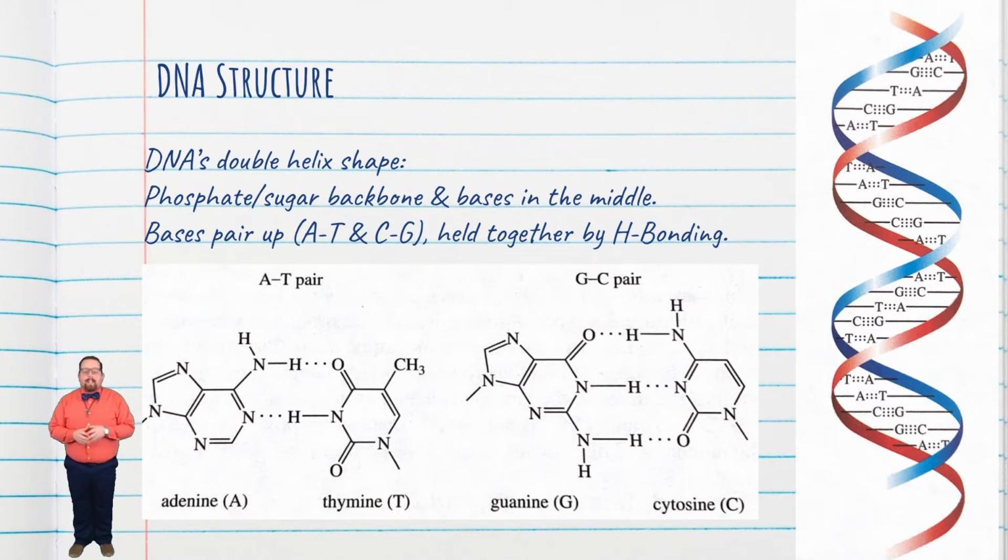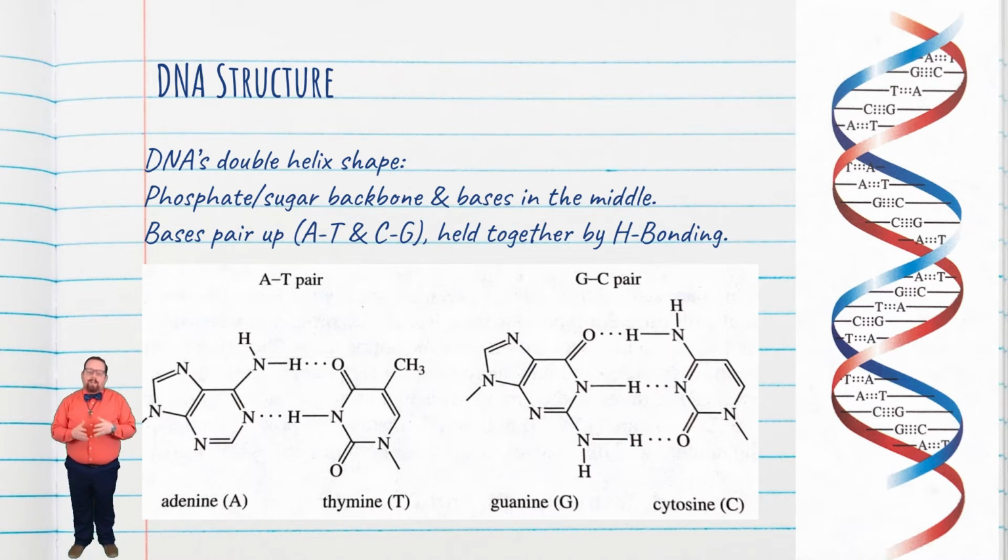This electronegativity difference causes a partial negative charge on the nitrogen, oxygen, or fluorine, and a partial positive charge on the hydrogen. That partial positive charge on the hydrogen will attract itself to a nitrogen, oxygen, or fluorine atom on another molecule, because those atoms usually have a high degree of negativity. And as you know, positives and negatives attract.